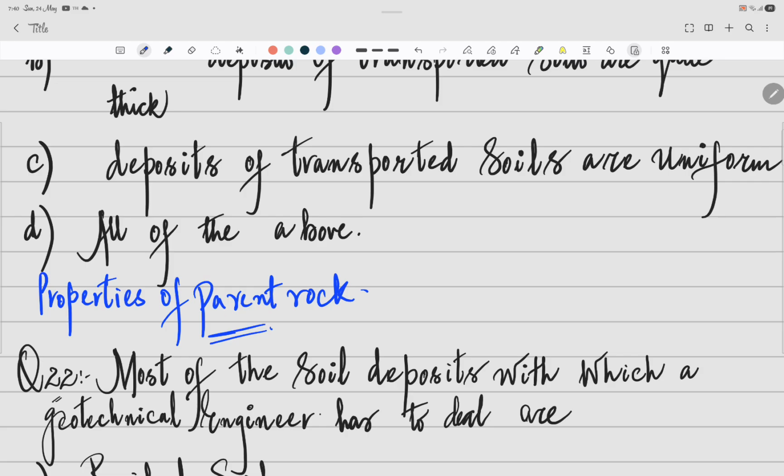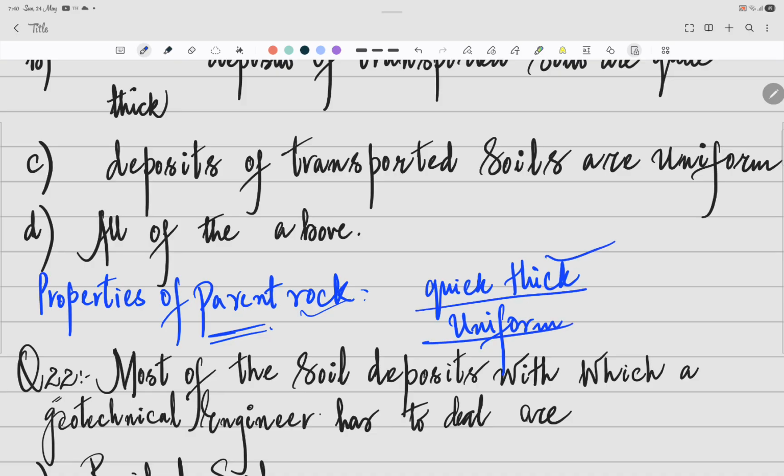All right, so at the place of deposition we can see that this transported soil's properties are entirely different from the properties of the parent rock. And the deposits of transported soils are quite thick and they are usually uniform.